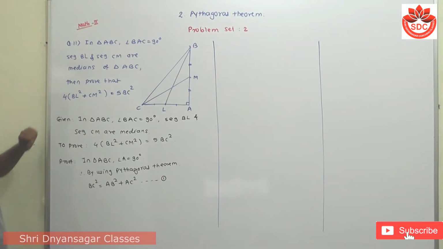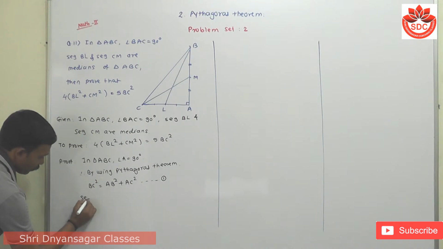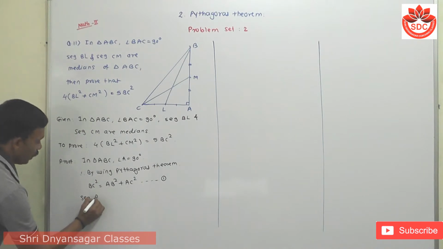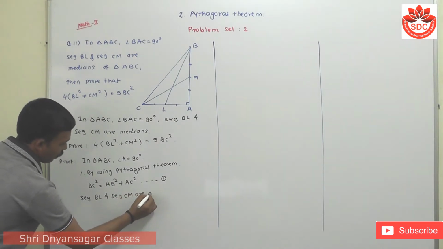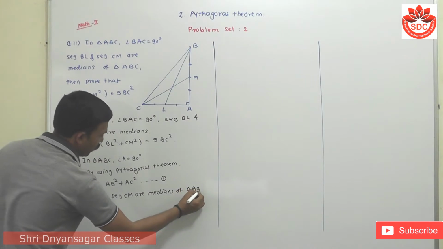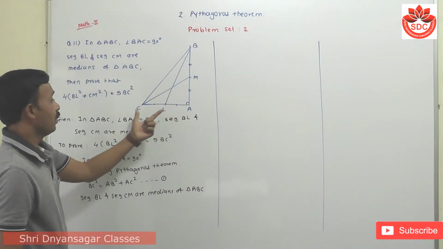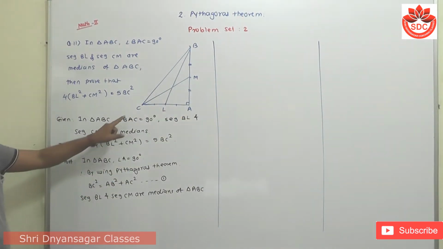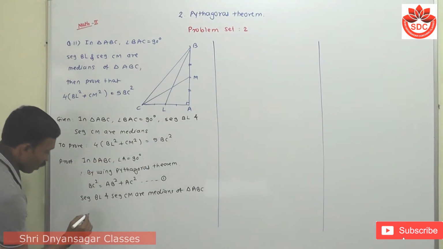Now students, medians are also given, so I have to use this point also. If segment BL and segment CM are medians of triangle ABC, then by using this we write AL is equal to how much? Half of AC, and AM is equal to half of AB.